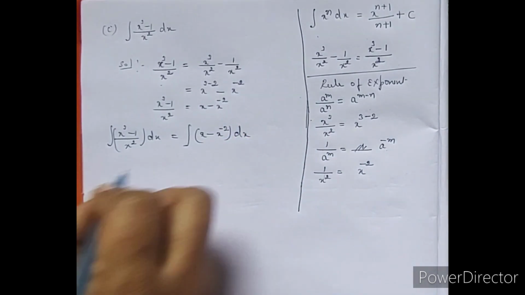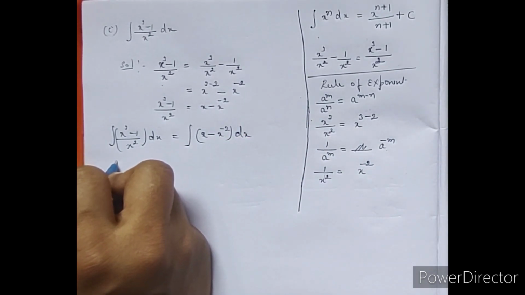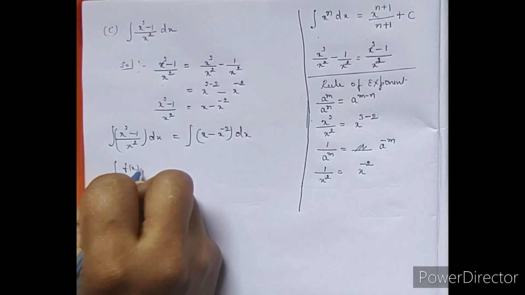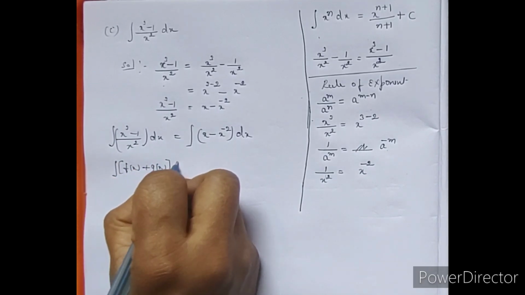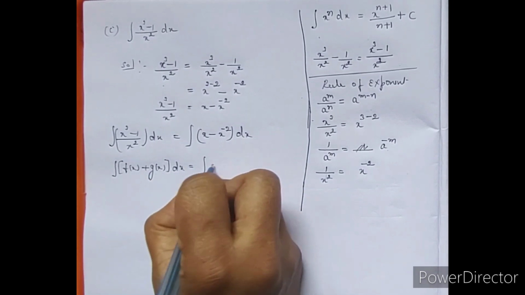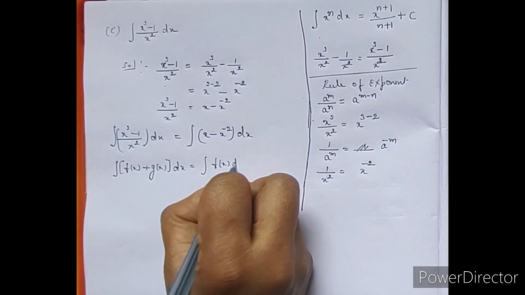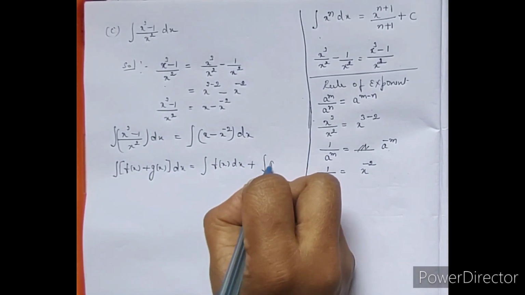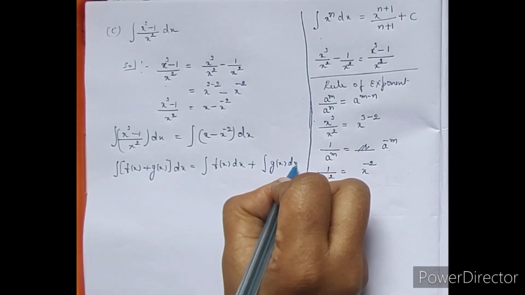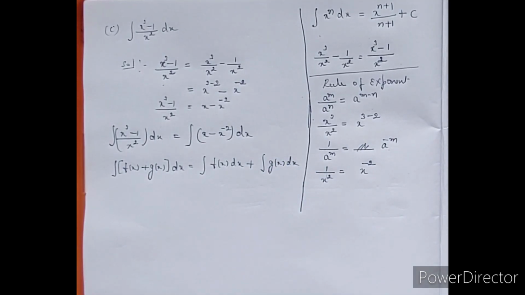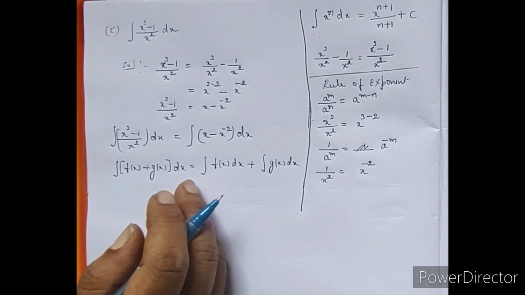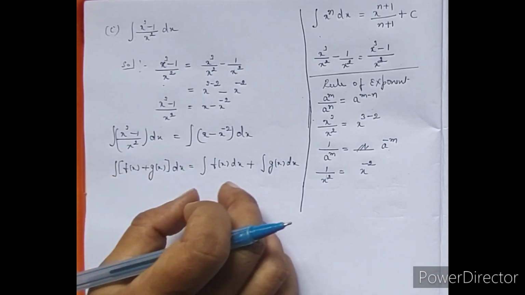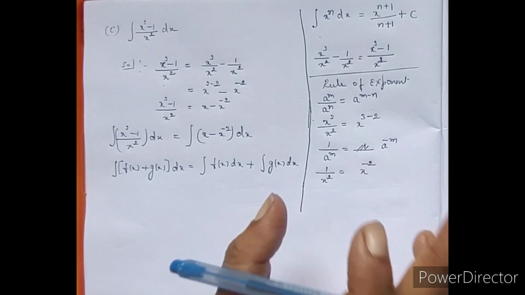Now we have this rule of integration, that integration of f of x plus g of x dx is equal to integration of f of x dx plus integration of g of x dx. So integration of addition or subtraction of two functions is integration of the first function plus or minus the integration of the second function.